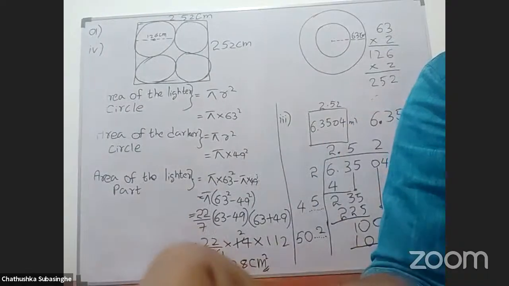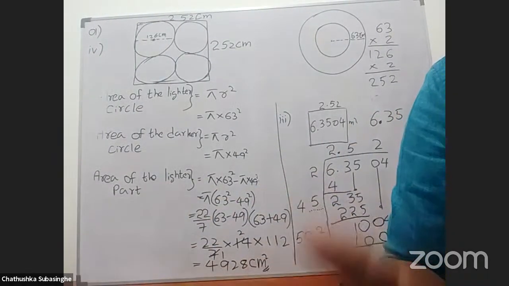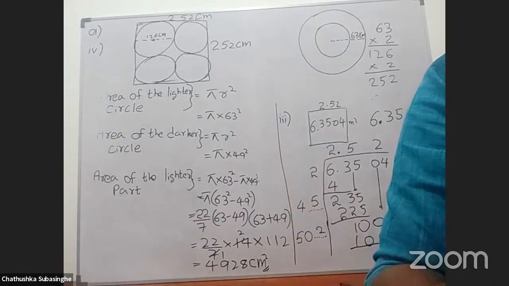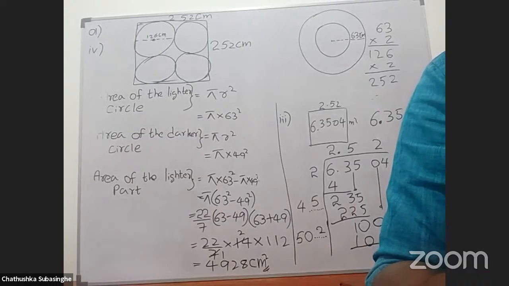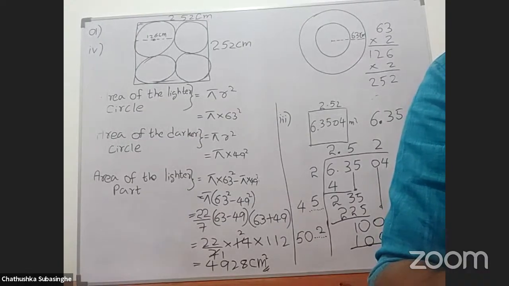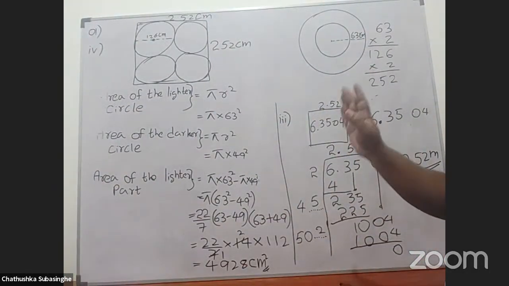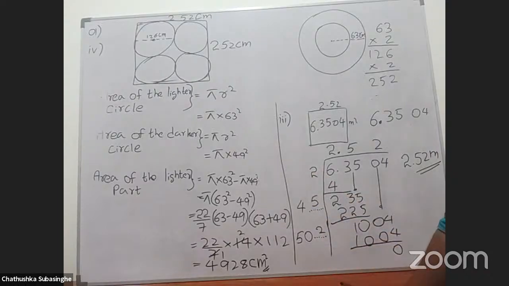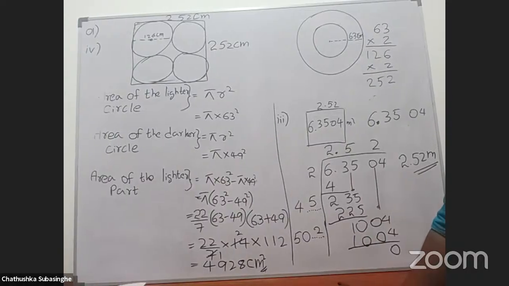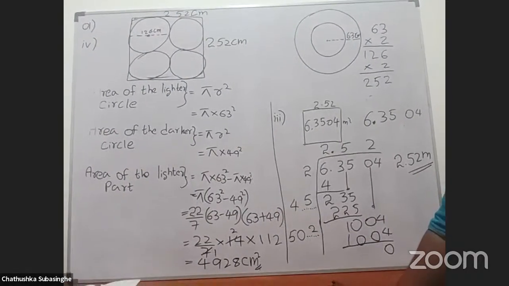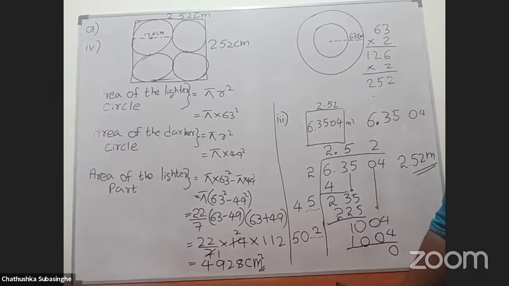In a rough diagram, you have to show the measurements. That's why we call it a rough diagram. Because if you draw a proper diagram, you can just use your ruler and compass to draw it properly. Since you do a rough one, you have to show the lengths and all the parameters that you have taken.